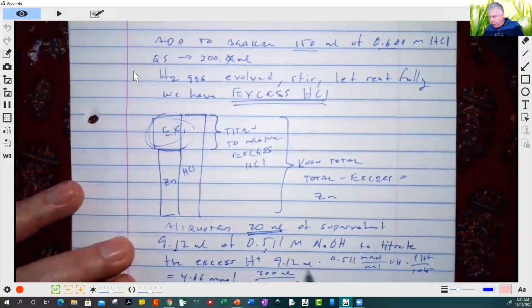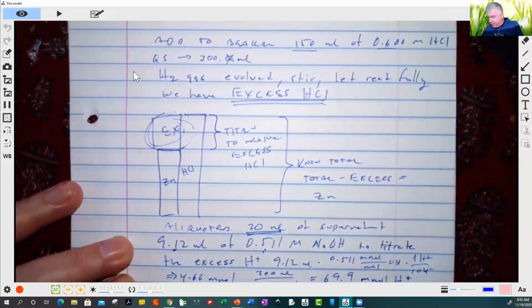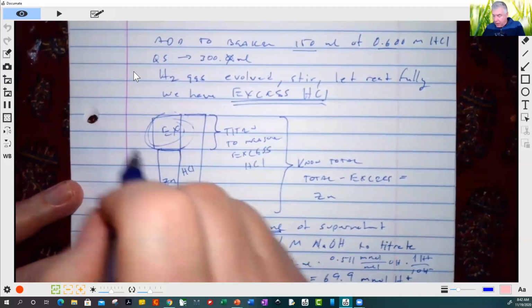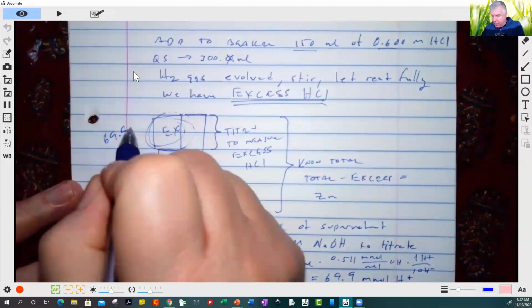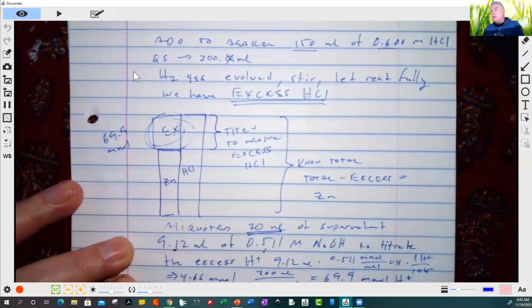So we multiply this through, then this here is 69.9. This is millimoles of H+, right? So this here is 69.9 millimoles. You can see that, right?